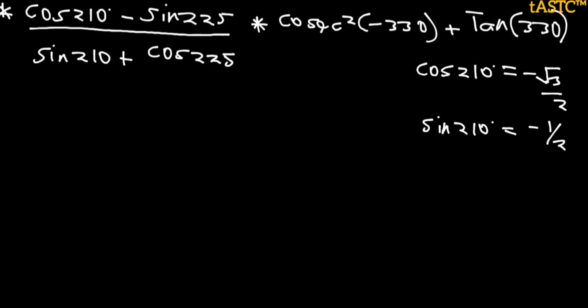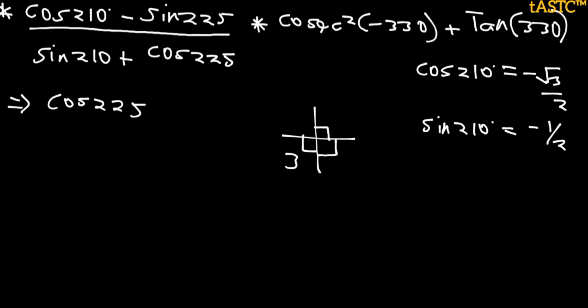Now next up, we need to find out what cosine 225 is. Now it happens to be that cosine 225 is also within the third quadrant. As you can see, this is a 90, this is a 180. So the 225 degree angle obviously lies within the third quadrant, where only tangent is positive. So we just need to go with the negative.